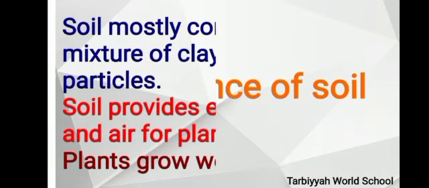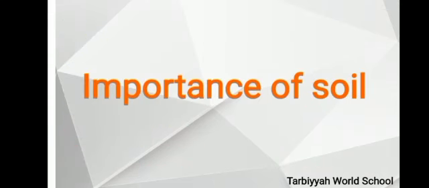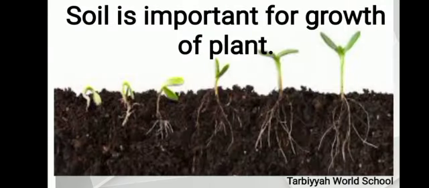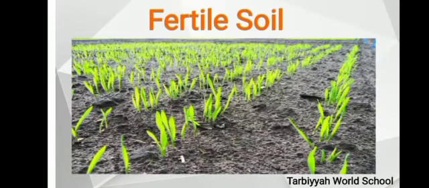Now see the importance of soil. Soil is important for the growth of plants. It provides water and minerals to the plant. Fertile soil helps in producing healthy crops. Okay?